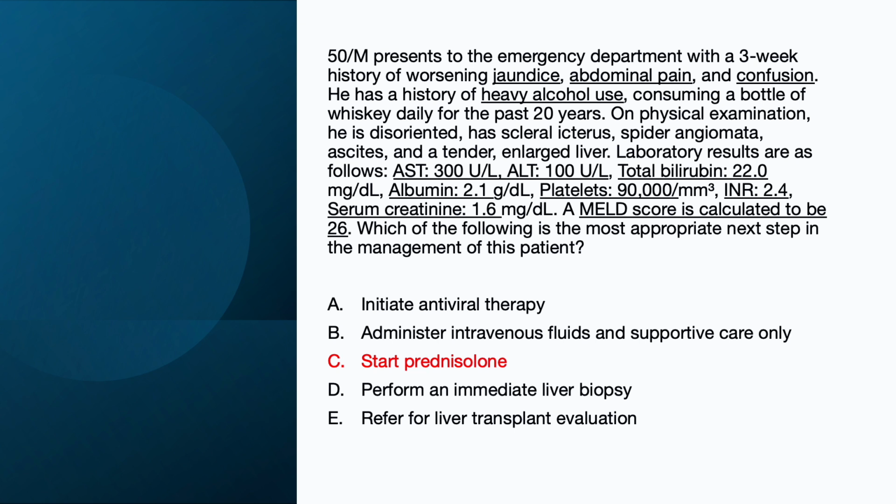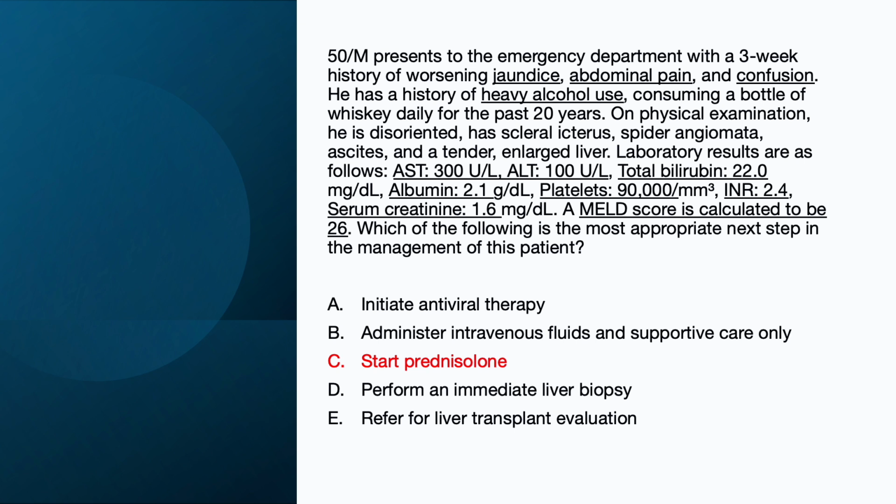In cases of severe alcoholic hepatitis, particularly with a high MELD score of at least 20, steroids such as prednisolone are recommended to reduce liver inflammation and improve short-term survival. Therefore, starting prednisolone is the most appropriate next step in the management of this patient. Antiviral therapy, supportive care alone, liver biopsy, and immediate referral for liver transplant evaluation are not the initial priorities.